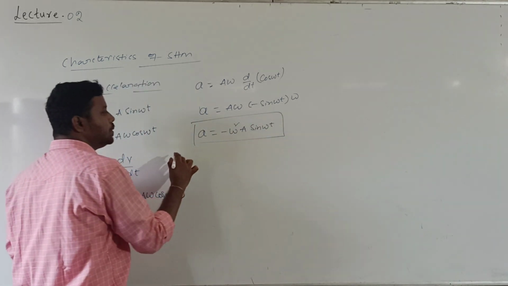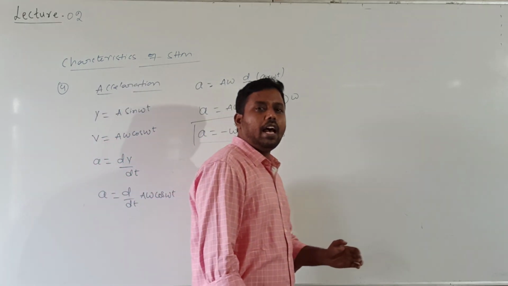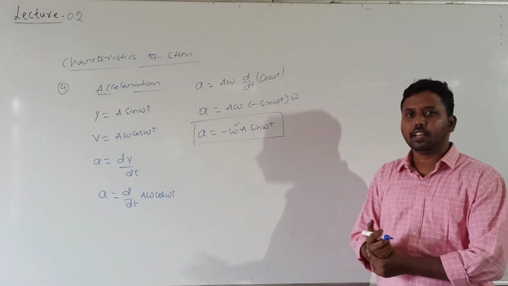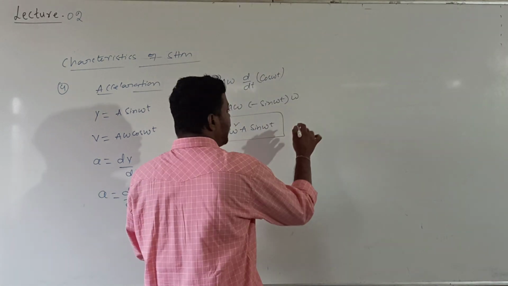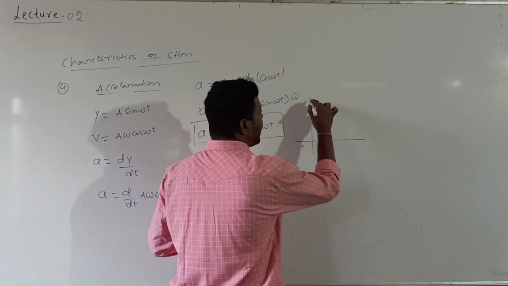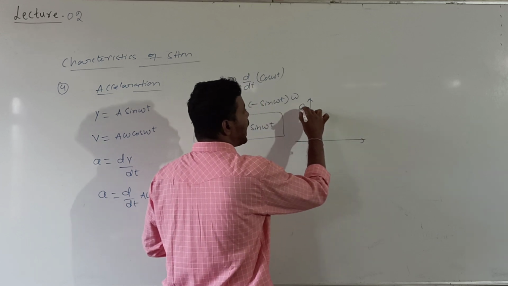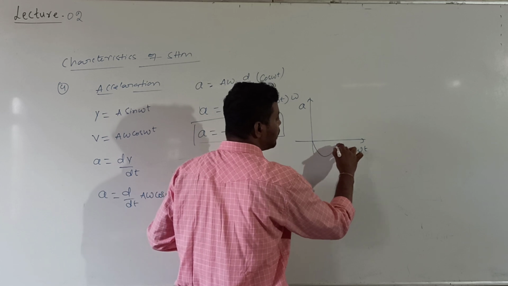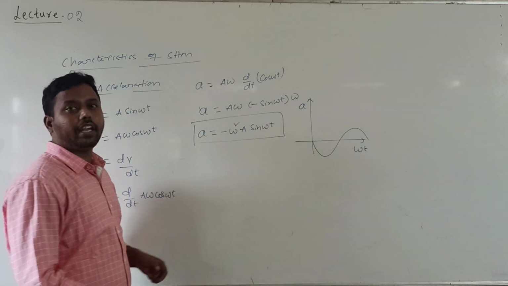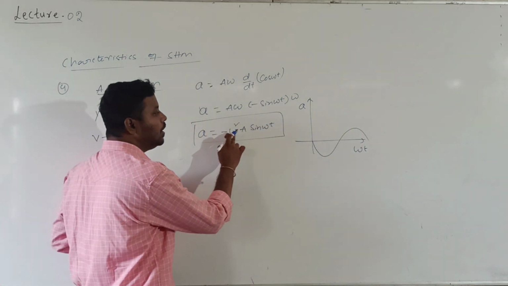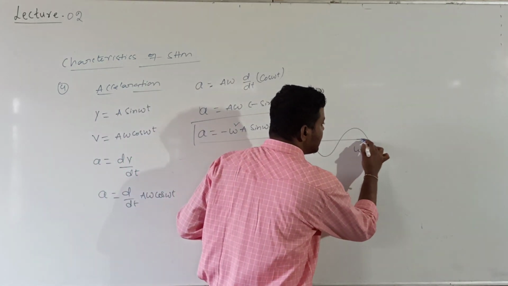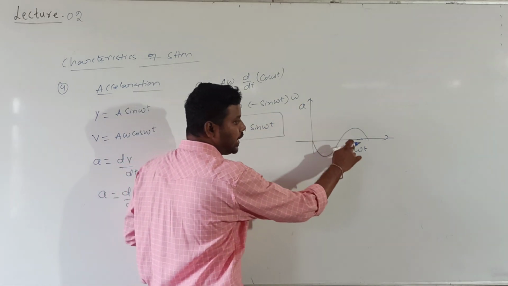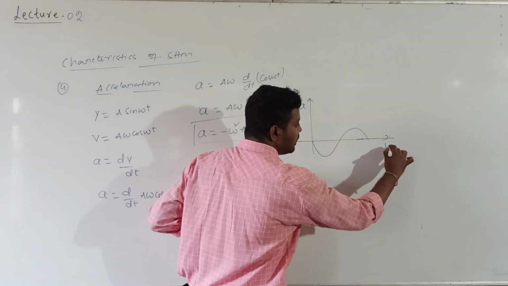This is the expression for acceleration as a function of time or of omega t. If I plot the graph between acceleration and time, or a and omega t, it is a negative sine graph, because of the minus sign. This is a graphical representation of how a changes with omega t.